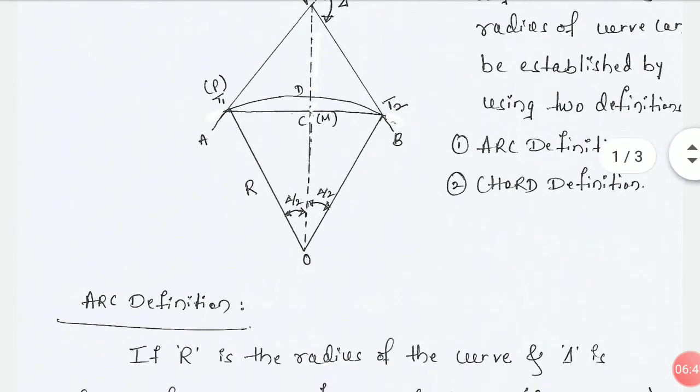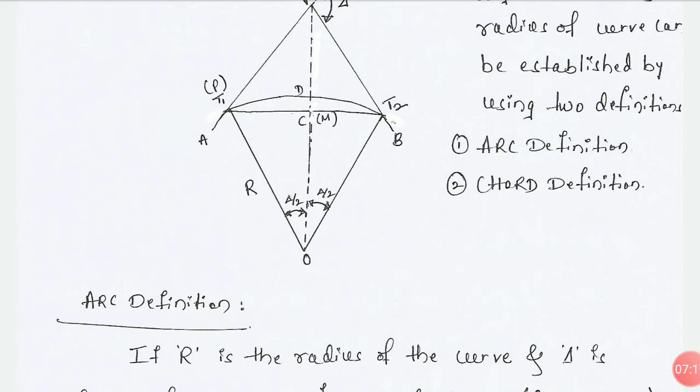If I check the chord T1 PMT2, I will get two triangles, one is POM and the other is T2OM. To establish the relation between radius and the degree of the curve, I will use the triangle POM, and the angle at O will be delta by 2, correct?